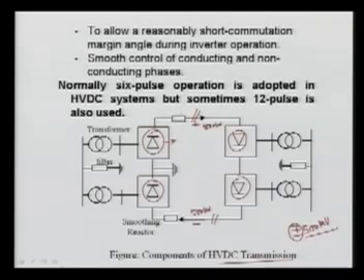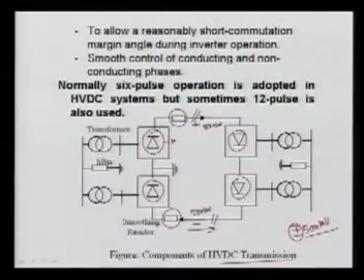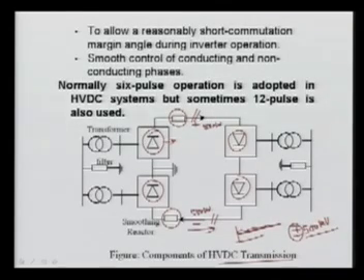We require the smoothing reactors. Why smoothing reactors? Because we want a smooth DC current over these lines, since due to the firing the current will keep on changing. So the current variation is there, but we can use a reactor so that the current will be perfect DC. We are also using transformers.